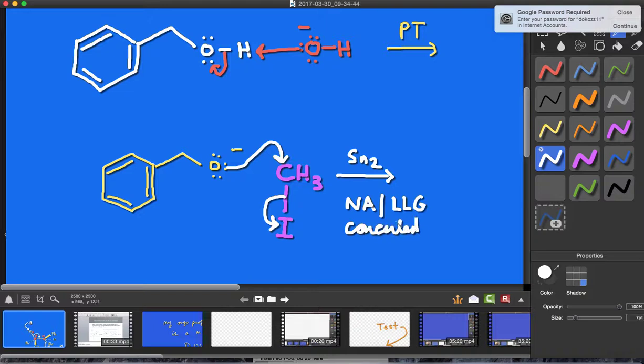As I've discussed in class, the labels don't matter nearly as much as the process. So whether you decide to call it SN2 or nucleophilic attack, loss of leaving group, concerted, the arrow pushing is the same, and the ether is the product.